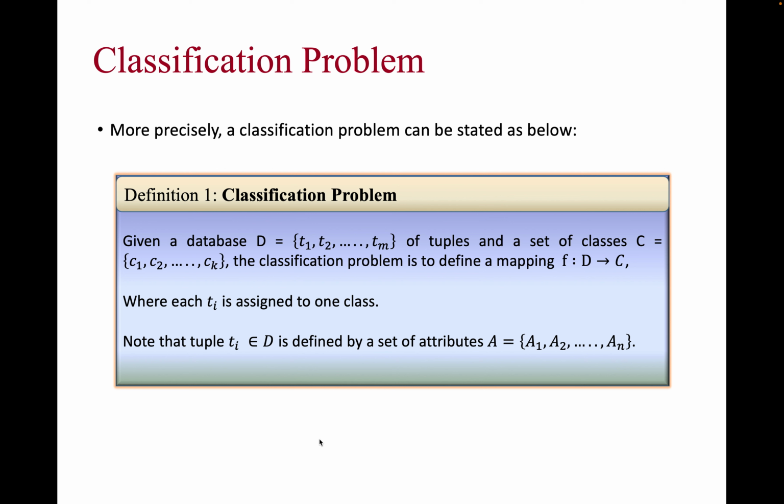Each object of the database needs to be matched to a class, where each tuple ti is assigned to one class. तो ऐसा कंपलसरी नहीं है t1 c1 से असाइंड होगा. t1 can be assigned to c2, t2 may be assigned to c7.